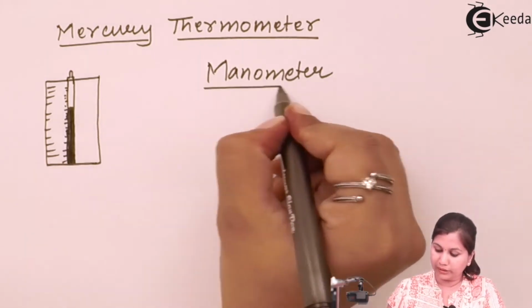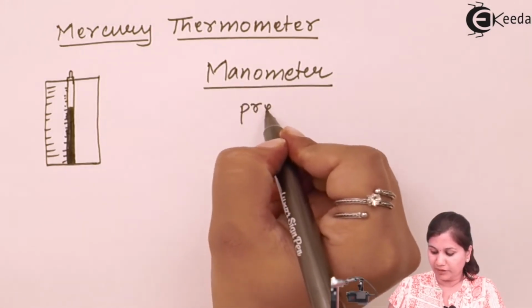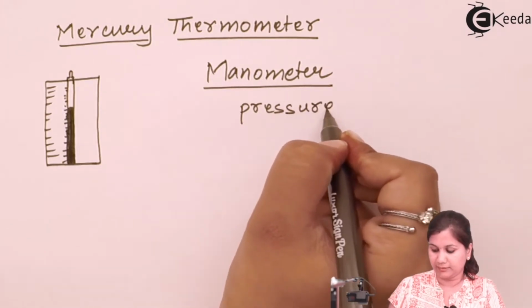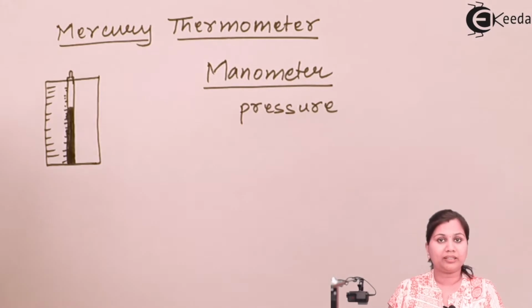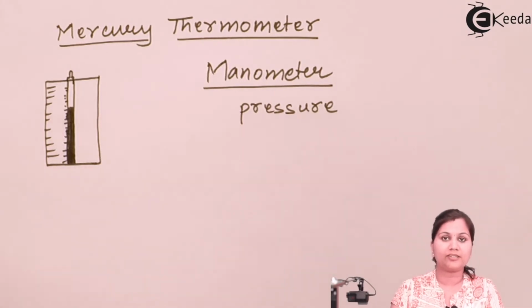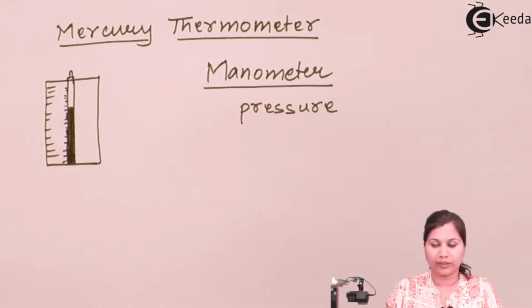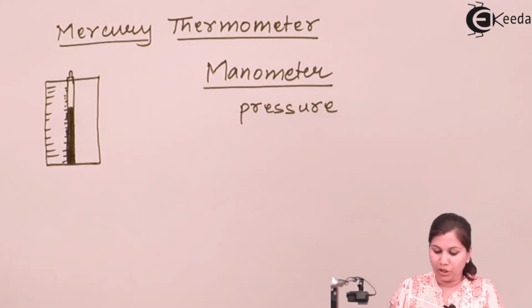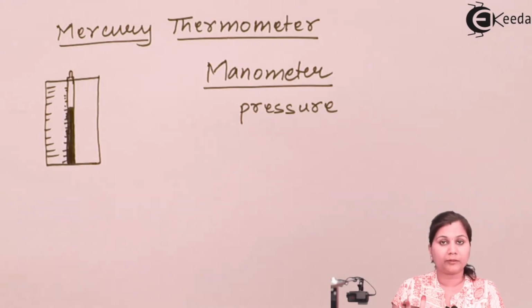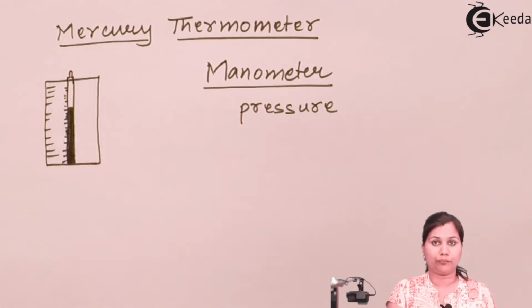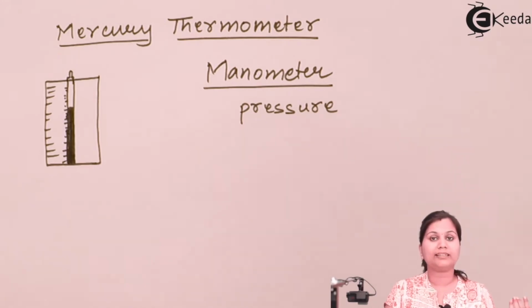So directly we are measuring the pressure variations in a system, how the pressure changes. The manometer is going to directly give us the readings over the calibrated scale. So here you can see how a quantity which cannot be measured directly is converted into a form that can be measured and displayed.